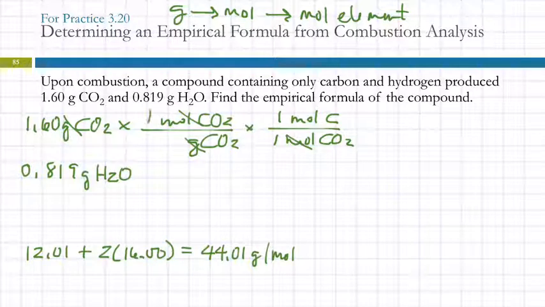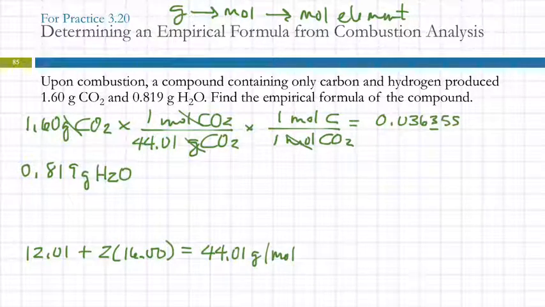So 1 mole of CO2 weighs 44.01 grams. 1.6 divided by 44.01 times 1 divided by 1. So I'm getting 0.0365355 moles of carbon.